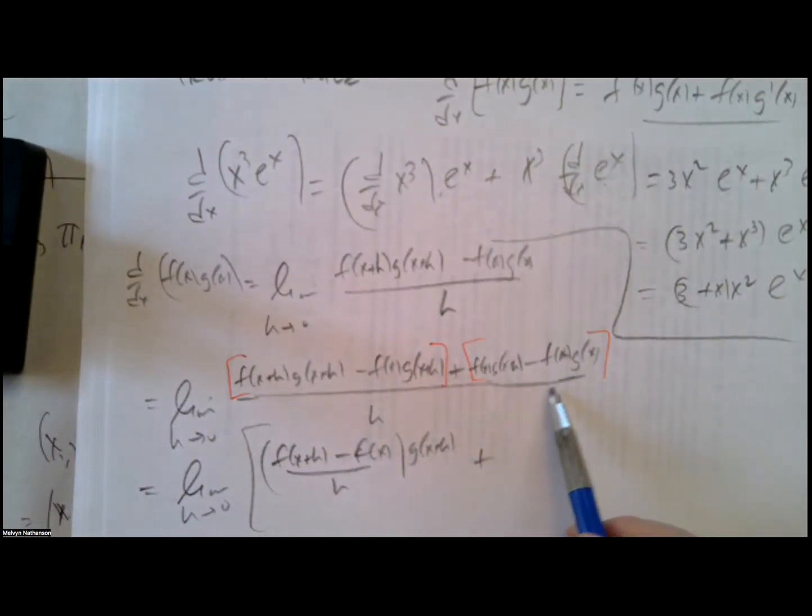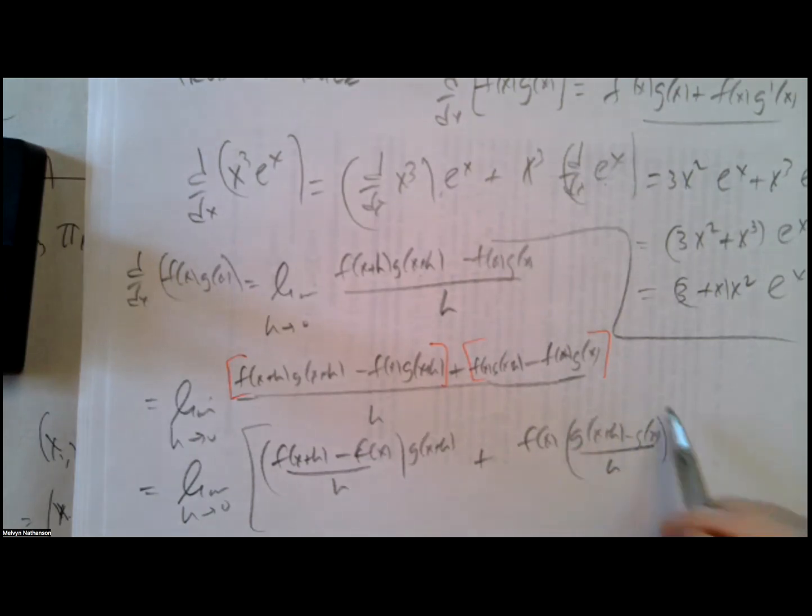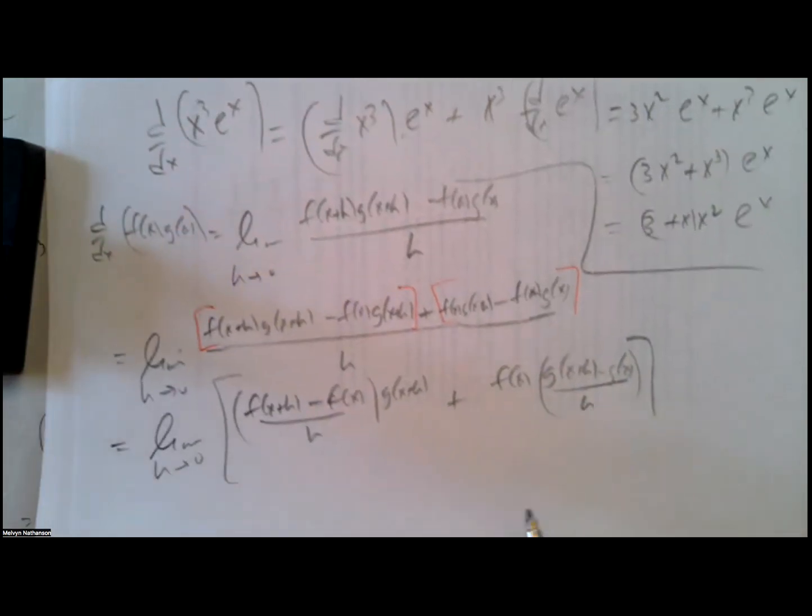And from this, I can factor out f of x. I have g of x plus h minus g of x over h. So when I add and subtract this, I can rewrite this in this form.